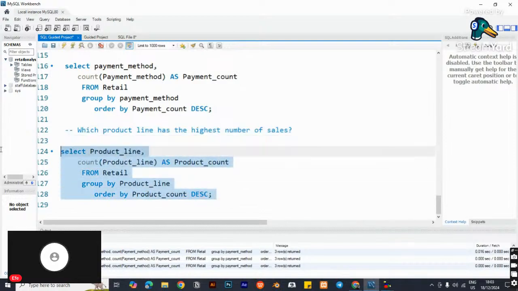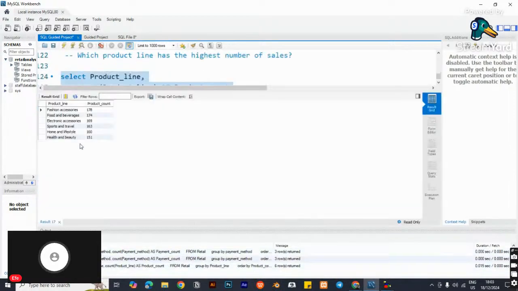So we've run this now. It's the same thing, and you can see product count now.